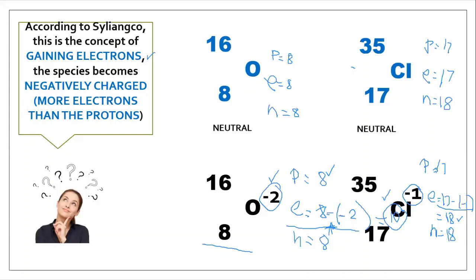Ibig sabihin na dagdagan siya ng electron ng isa at ang proton niya ay nag-remain the same lang as 17, katulad lang din ng kanyang atomic number. Okay? So, yun po yun. So, at least you have already the idea on how to lose the electrons and gain the electrons. Now, this will now be your activity.